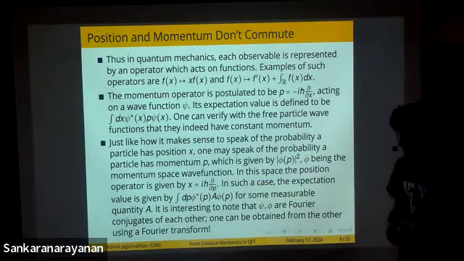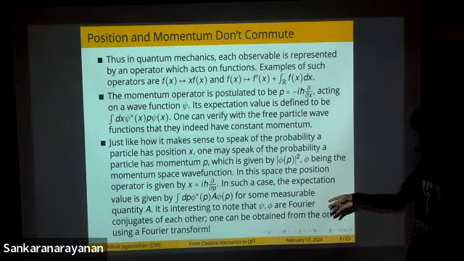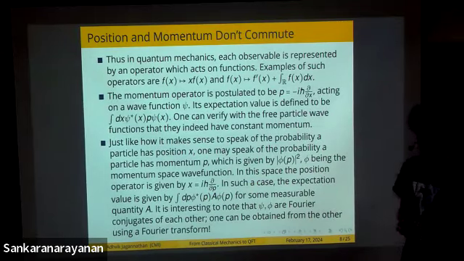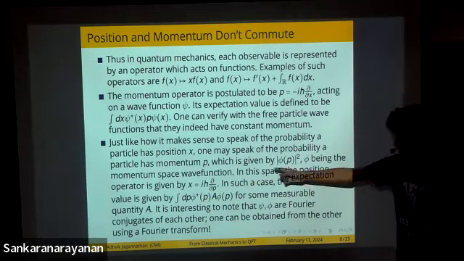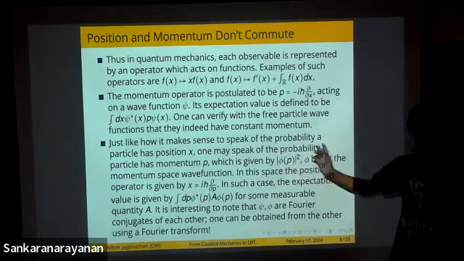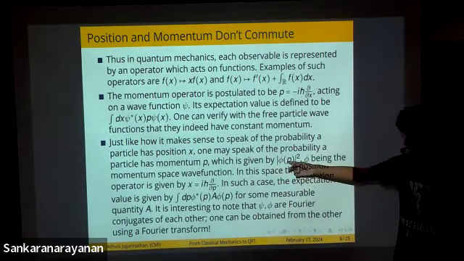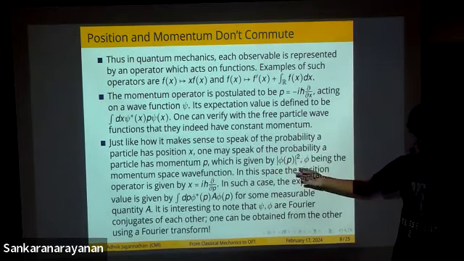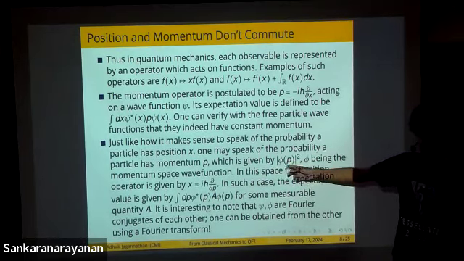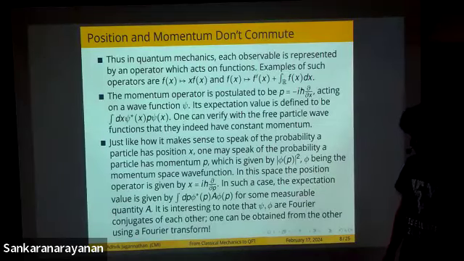You can make a transformation, and it's possible to see this. In this space, mod phi of p squared represents the probability distribution of a particle having momentum p.